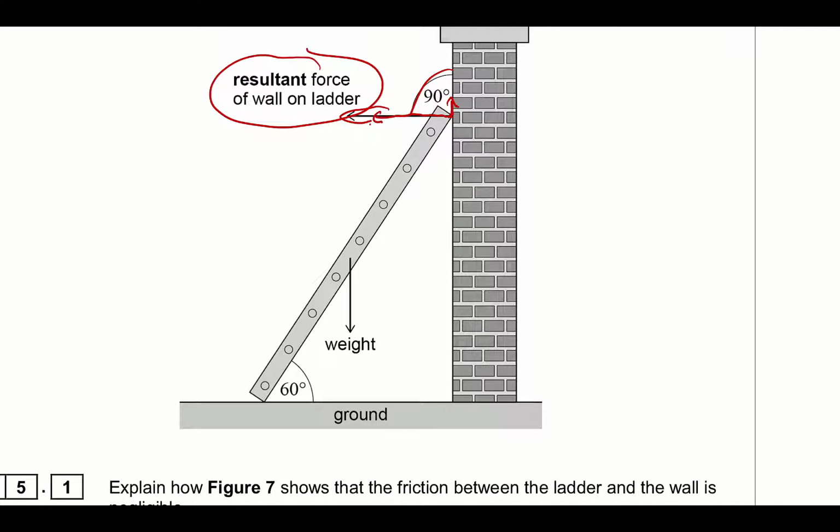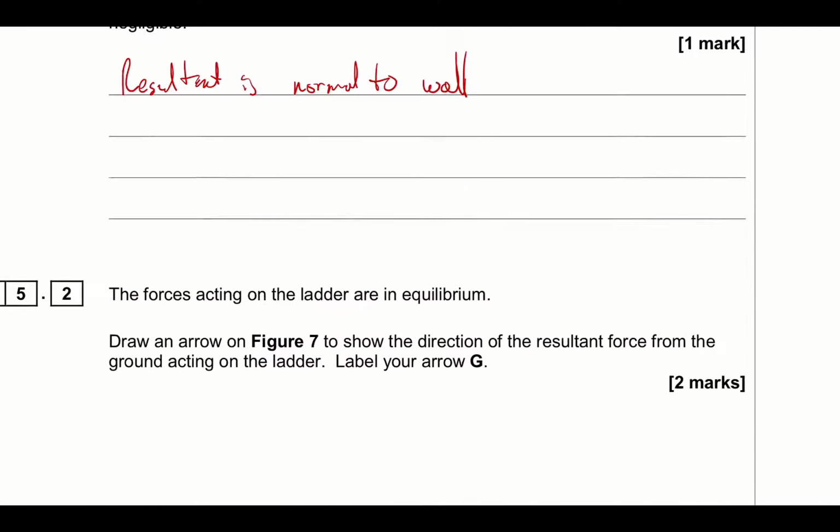Okay, so you have to have a resultant force from the ground. It has to balance out the resultant force here, and it has to balance out the weight. So it has to have some vertical component and some horizontal component. Does it say label it G?